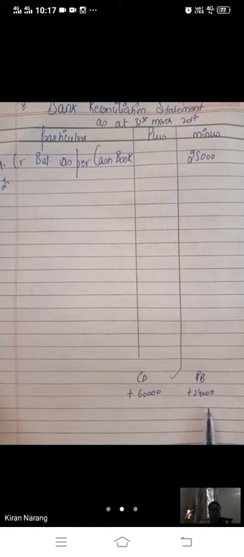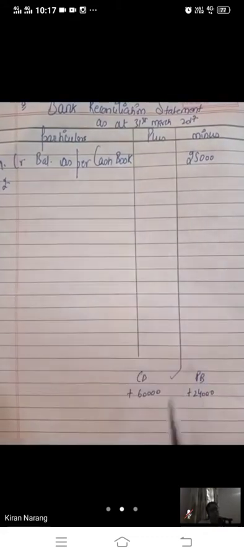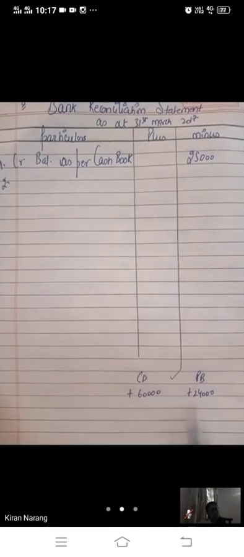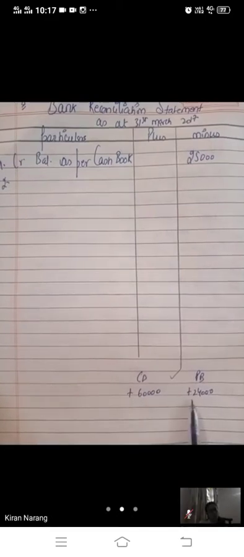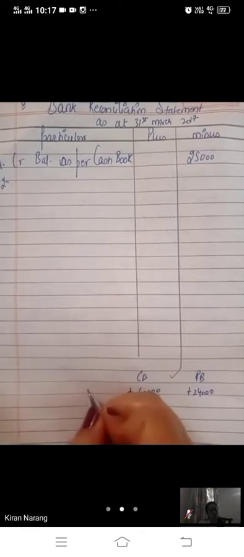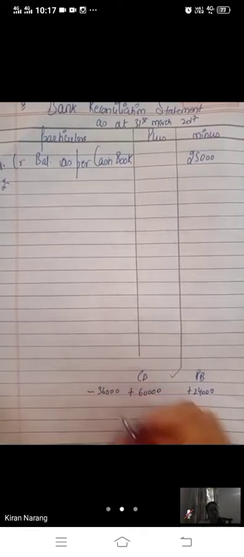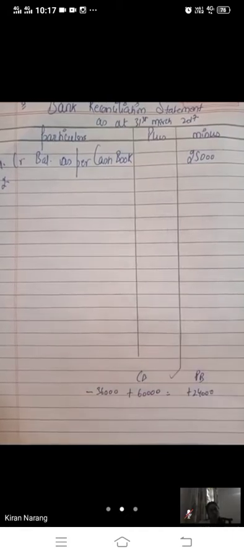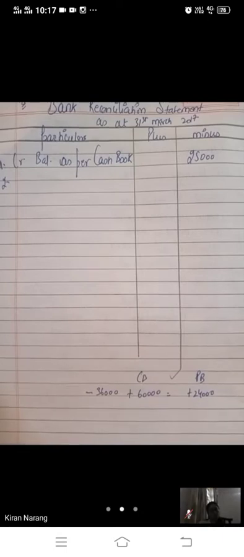What will we do now? We have to make them equal by changing the cash book. If the balance in the cash book is given to you, you have to make changes in the cash book. The difference between the two is 36,000. If you subtract 36,000 from the cash book, it will be equal: 60 minus 36 is 24,000.